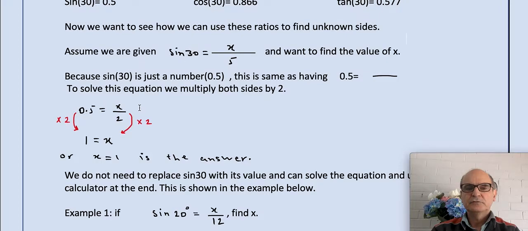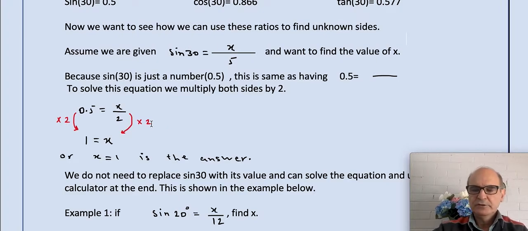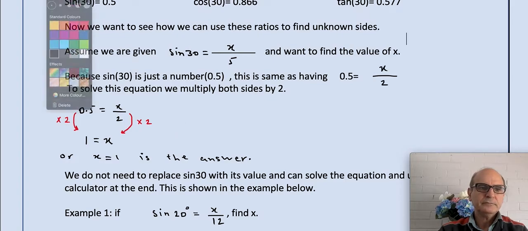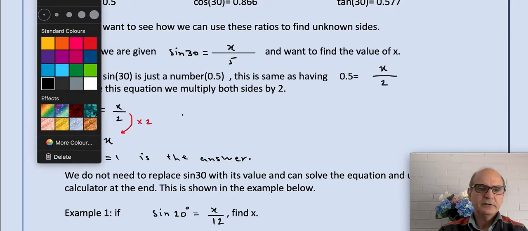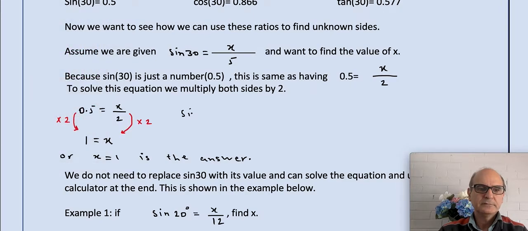So this is the solution for an equation like sine 30 is equal to x on 2. So you have sine 30 degrees is equal to x on 2.